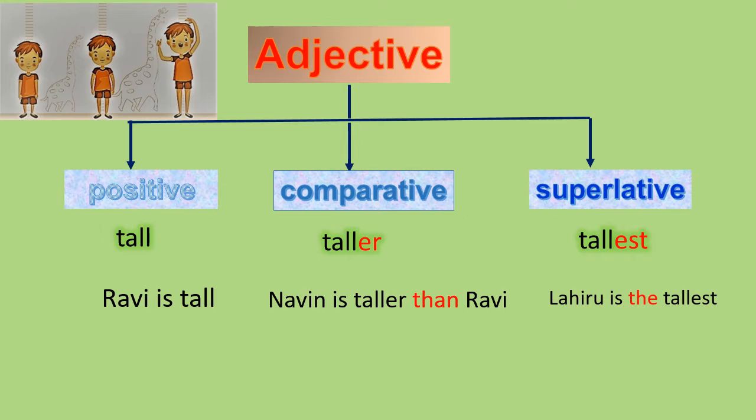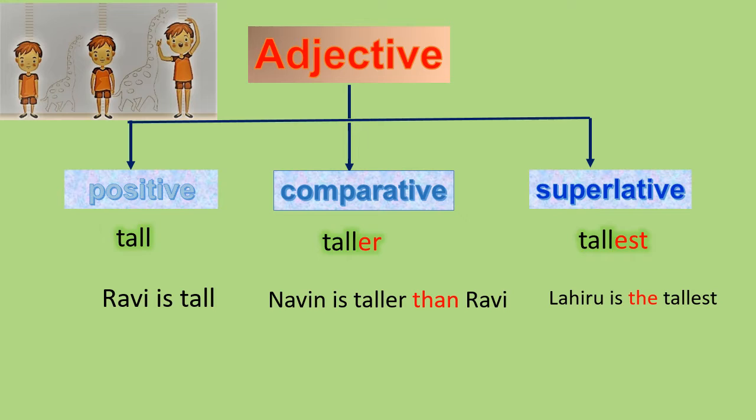Now let's see the example sentences. Ravi is tall. Naveen is taller than Ravi. Lahiru is the tallest. Normally, the word than is used with comparative forms. The is always placed before the superlative form.